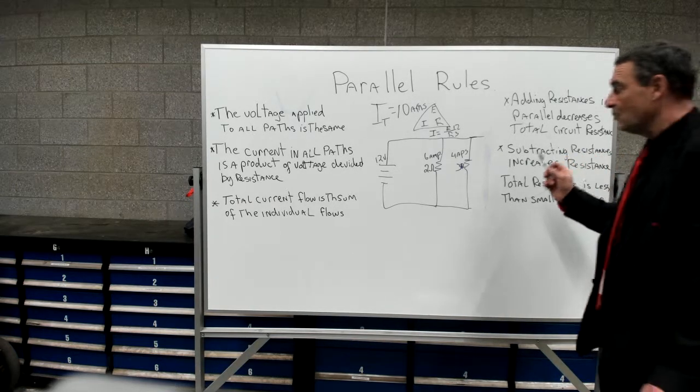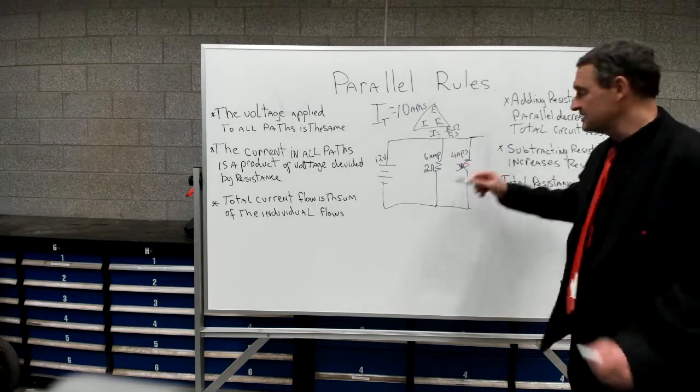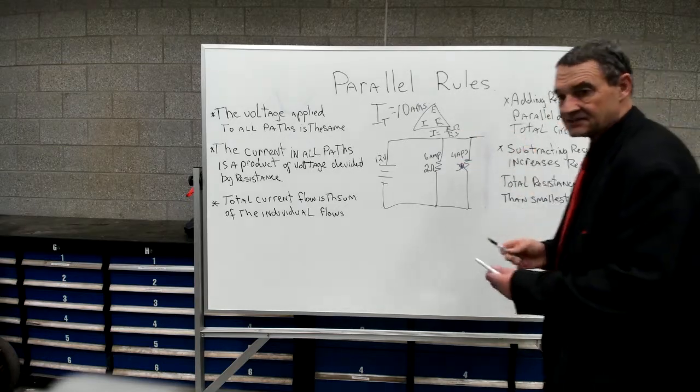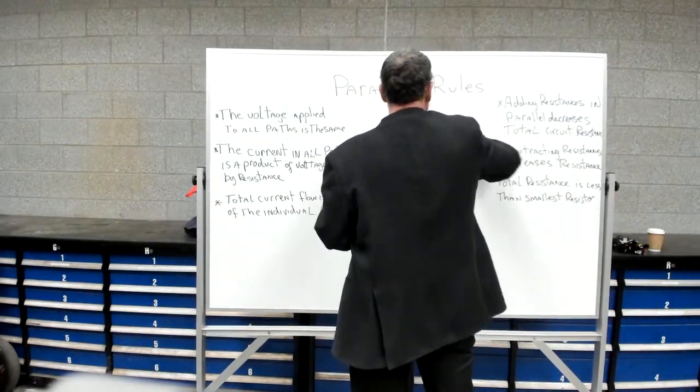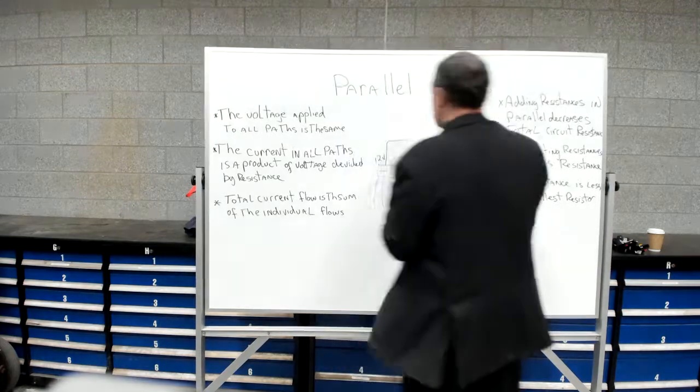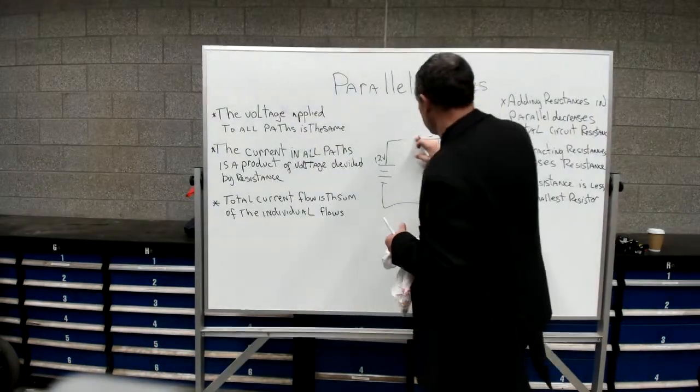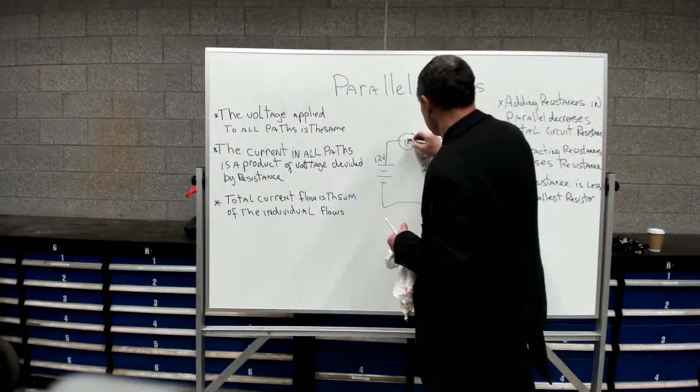So now we have to figure out what the total resistance for this parallel circuit is. So let me just get a rag here and give us some space to work. We know that there's 10 amps flowing in this circuit. I'm just going to put it in here so I don't forget. 10 amps.